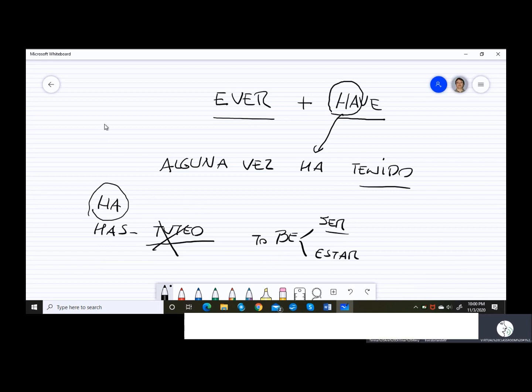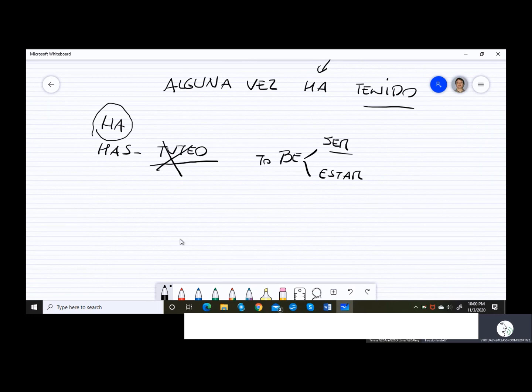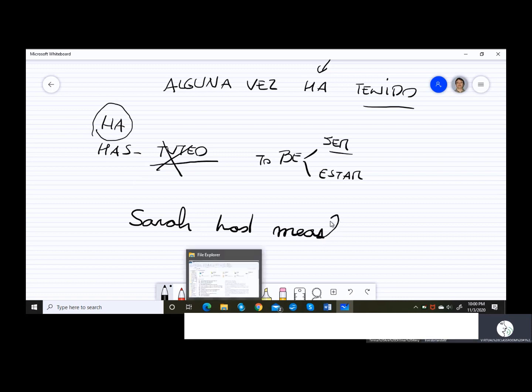Now, there's a way to remember sarampión, and the way you're going to remember it: you're going to remember Sarah had measles. You're going to remember a little girl called Sarah, and that she had measles.